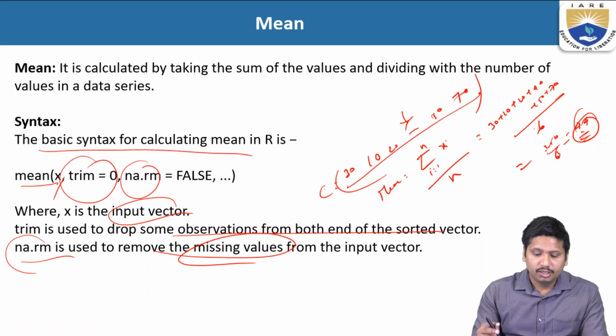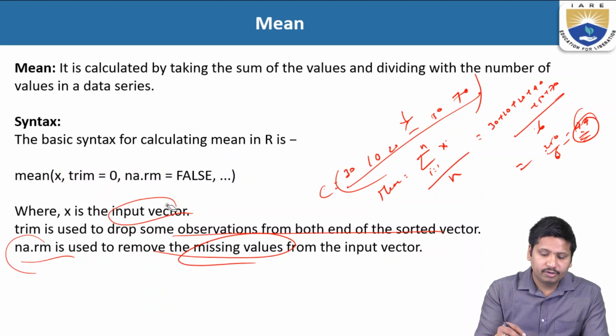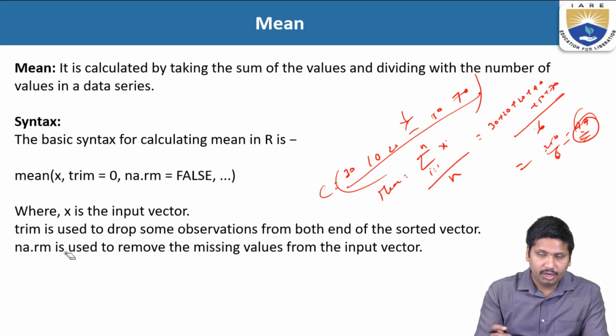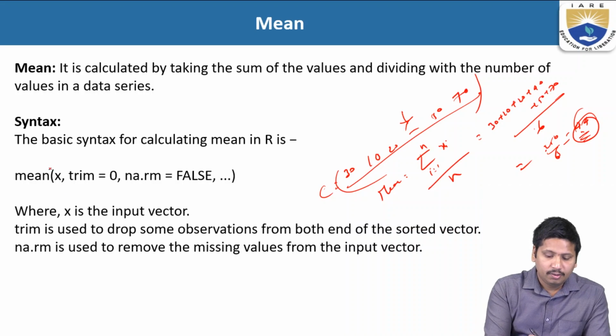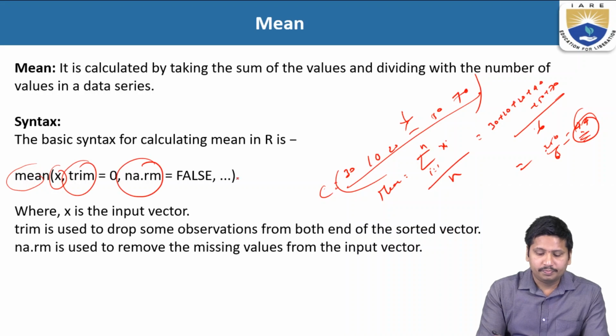So the code for the implementation of mean is mean of x, comma, trim, na.rm.